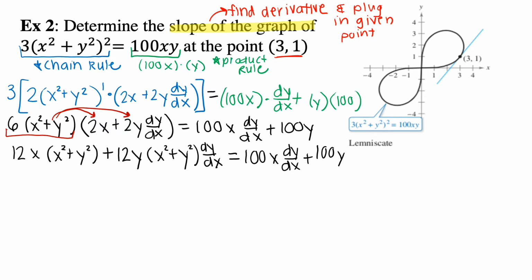Now we want to move all of our dy dx terms to the left and leave all of our other terms on the right. So our dy dx terms include this one already on the left and this one. So to move it over, I'm going to subtract 100x dy dx from both sides.